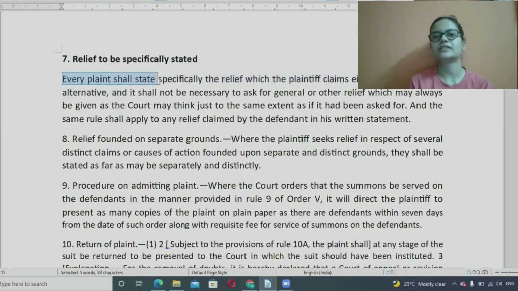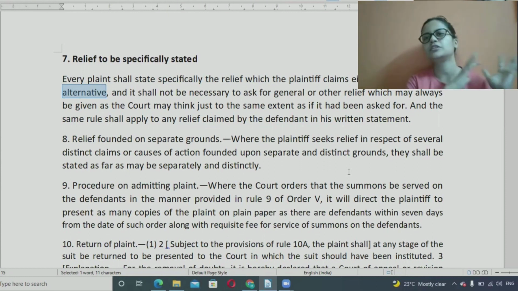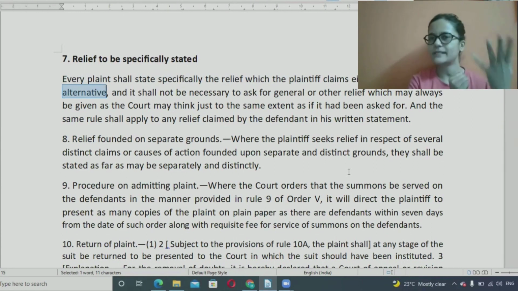Every plaint shall state specifically the relief which the plaintiff claims, either simply or in the alternative. We may either mention that this is what I want, simply, I want compensation of this much amount. Sometimes we may also mention alternative relief. We may say, if possible, provide for specific performance of the contract. Ask this person to perform the contractual obligations. But specific performance might not be possible in each case.